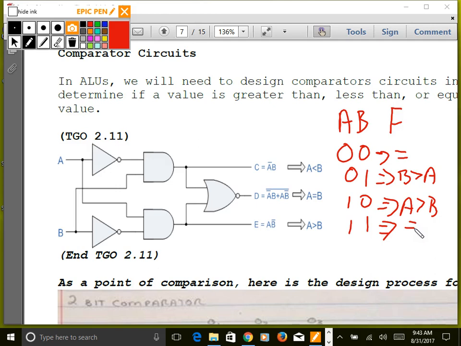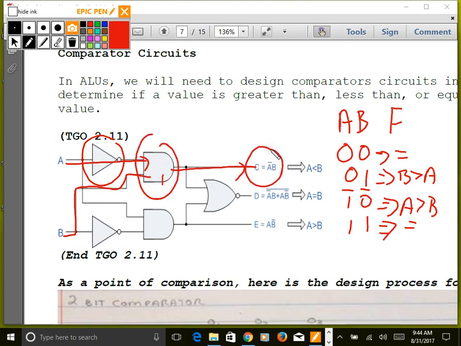So what this circuit is actually doing is telling me that I want A not B here, right? So I've inverted the A value and B into an AND gate, and that gives me C equals not A and B, which means that I have A less than B, right?